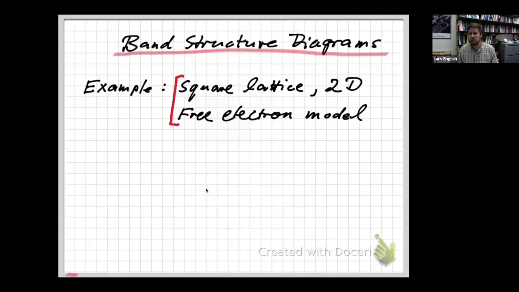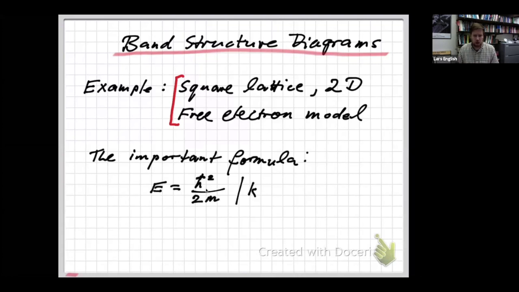Also, let's look at a square lattice, because that is the simplest 2D crystalline structure. Furthermore, to keep things easy, let's pretend the electrons are free. So we're going to look at the free electron model, and hopefully that'll be close enough to the nearly free electron model when we turn on a small lattice potential. That is the idea, the simplest case, really.